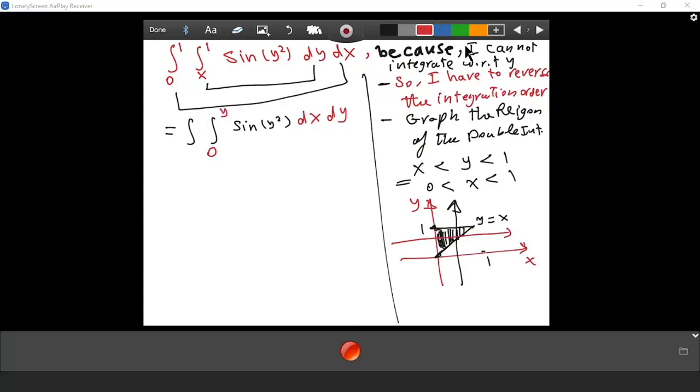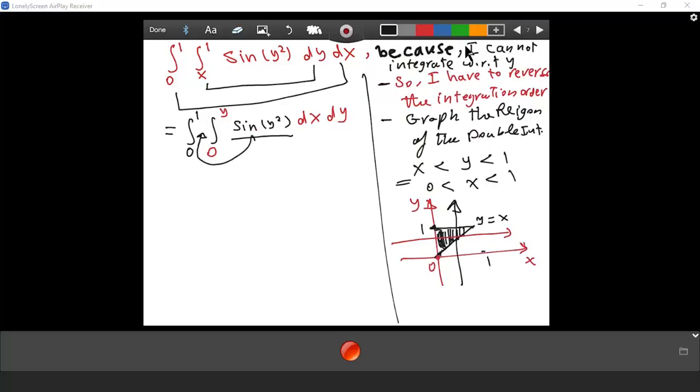Now, what is the bound of y? The lower bound of y is the minimum value of y, which is 0, and the maximum value of y is 1. So I have from 0 to 1. You don't have the problem because this one, you can take it here, okay? Because you are going to integrate with respect to x.